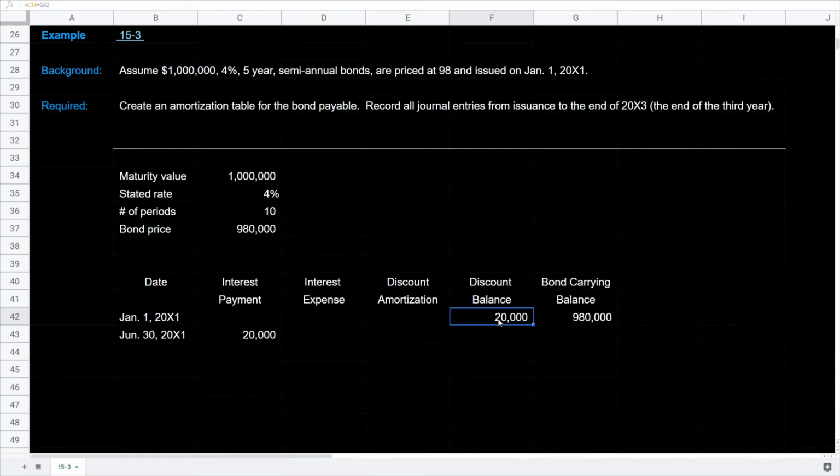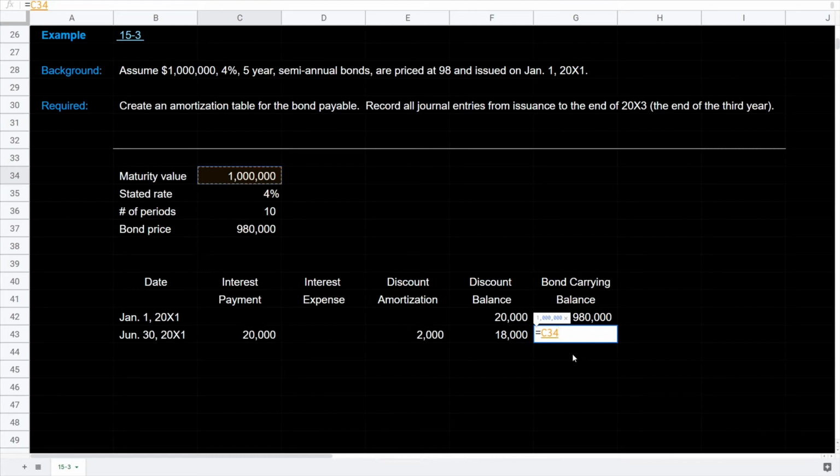So this $20,000 really represents interest expense that we are going to spread out over the life of the bond. Using the straight line method, we can take the $20,000 and divide it by the number of periods, or in other words, 2,000 a period.